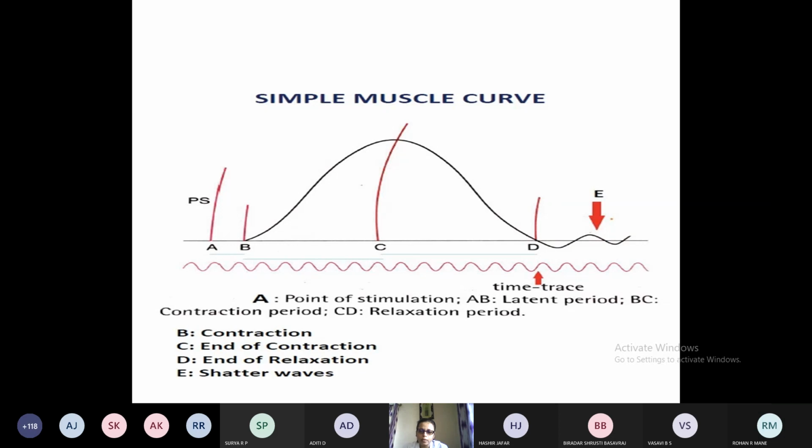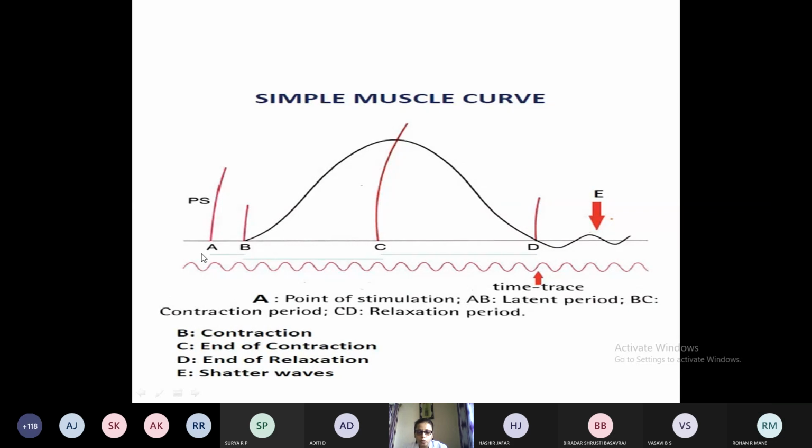The lever means the point which is writing over the paper, and it has its own inertia. So that also causes some duration in going from point A to point B. So these are the different causes of the latent period.